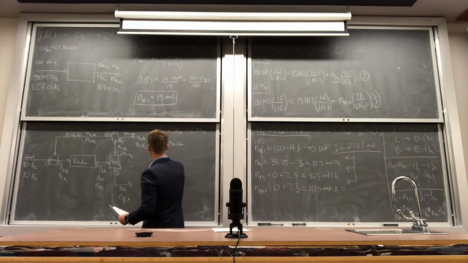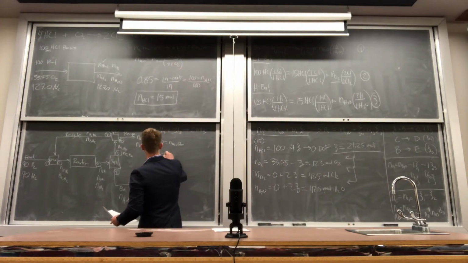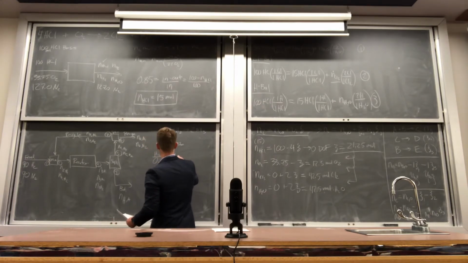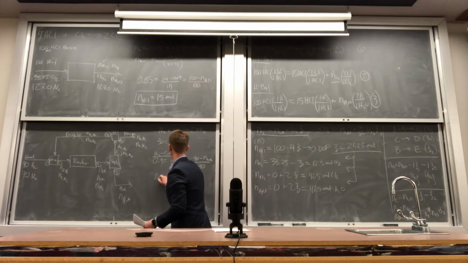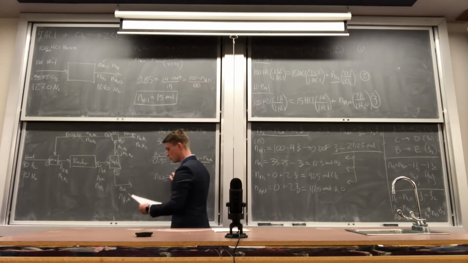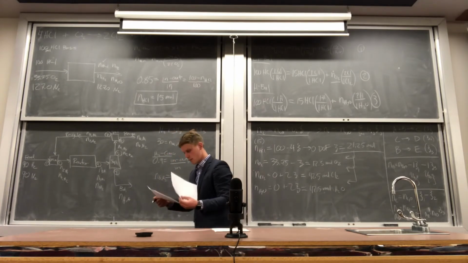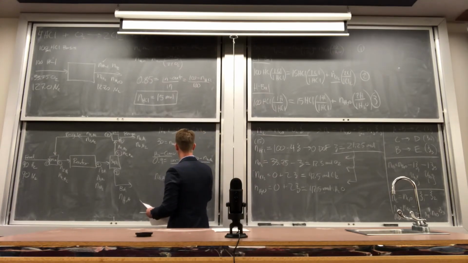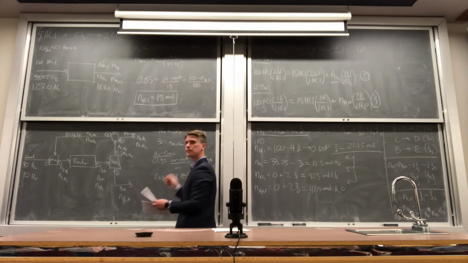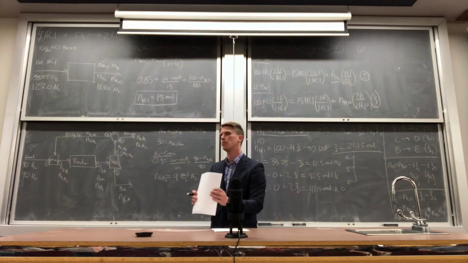So H2 conversion: 0.9 is equal to in minus out over in, which here is 90 minus N6H2 divided by 90, which means N6H2 is equal to 9 moles per second. And we're starting to break into the process now.